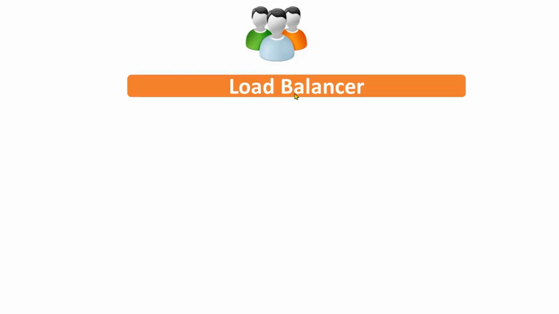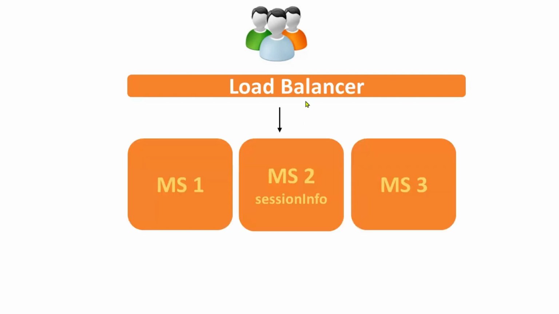And coming on to the sixth one, the processes. Here we will be having multiple processes when we are making our product operational. Let's say an end user is accessing our application through the load balancer URL. For sure, the load balancer in turn will connect to multiple microservices, because the request might be served in MS1, 2 or 3.